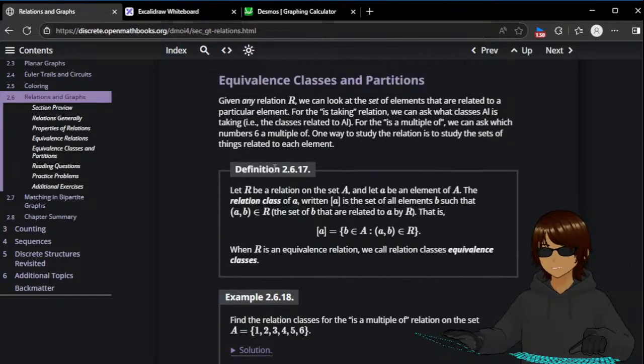Let R be a relation on set A. Let a be an element of A. The relation class of a, written in square brackets, is the set of all elements b such that (a, b) is in the relation.